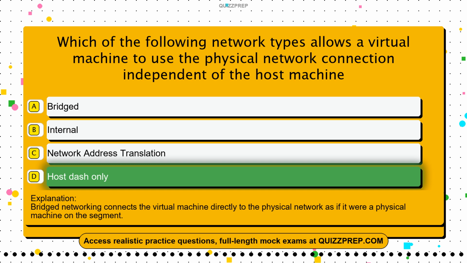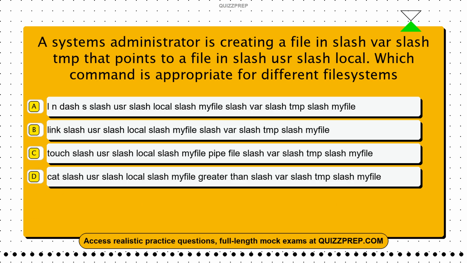Question 112. A systems administrator is creating a file in /var/tmp that points to a file in /usr/local. Which command is appropriate for different file systems? Option A, ln -s /usr/local/myfile /var/tmp/myfile. Option B, link /usr/local/myfile /var/tmp/myfile.